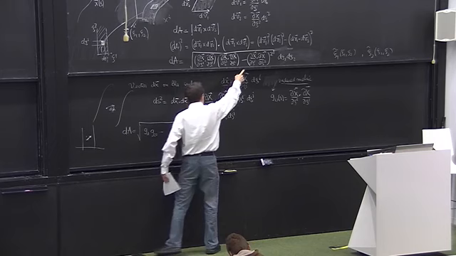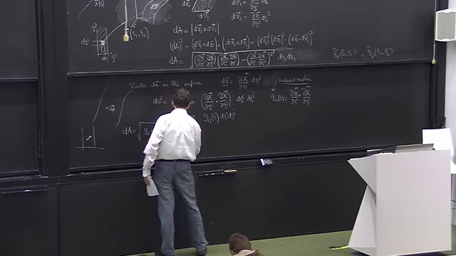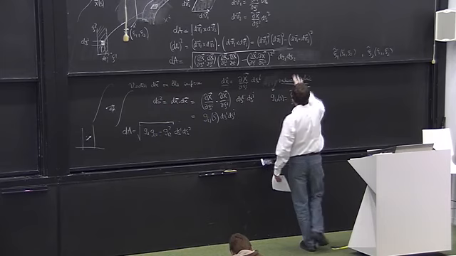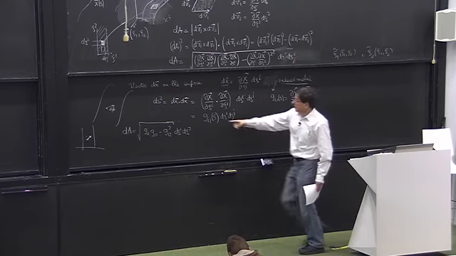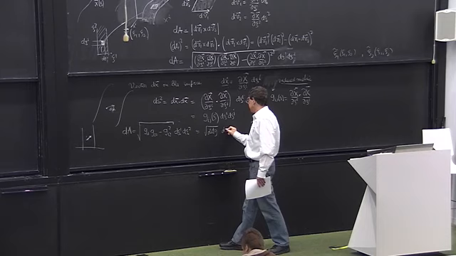And this term is G12 squared, d psi 1, d psi 2. So this is nothing else but square root of the determinant of G times d psi 1, d psi 2.